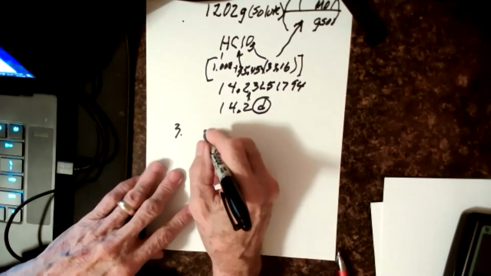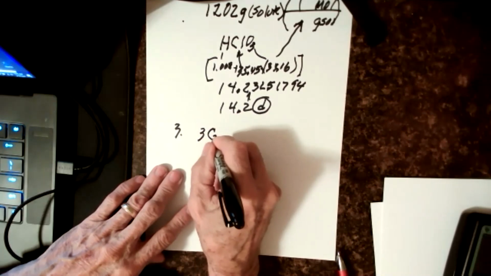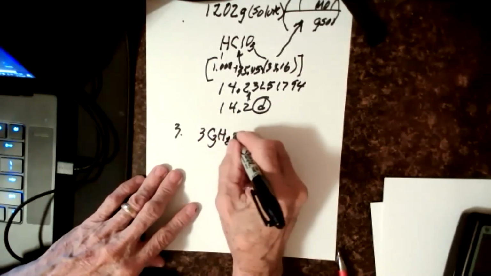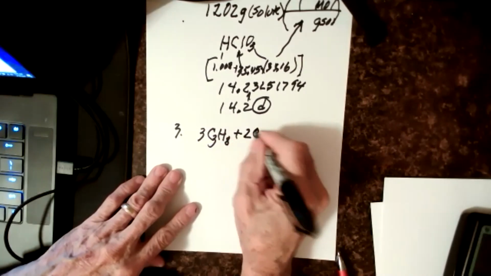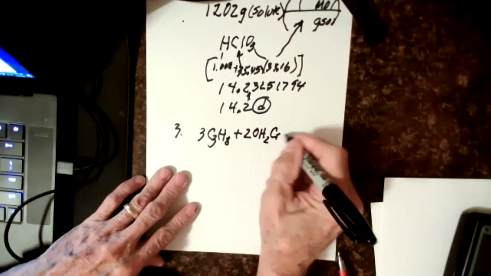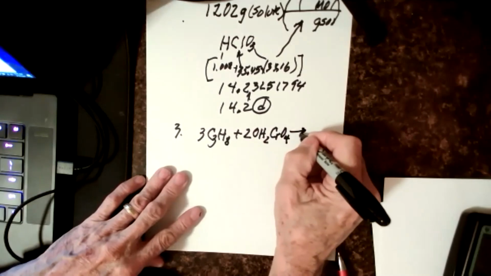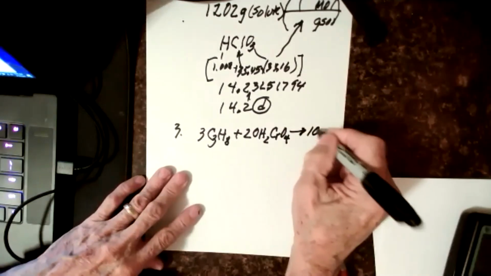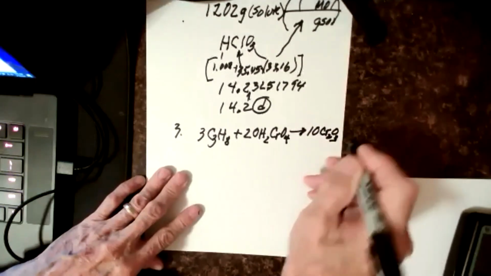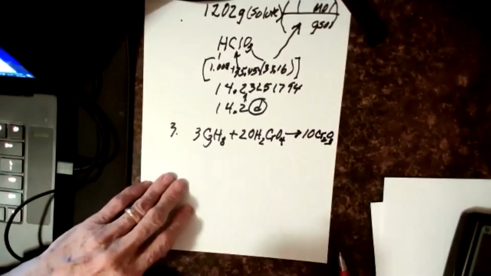So the things we're dealing with in this problem are 3 C3H8, 20 H2CrO4, and we're going to go to 10 Cr2O3. Okay, so that is my equation.